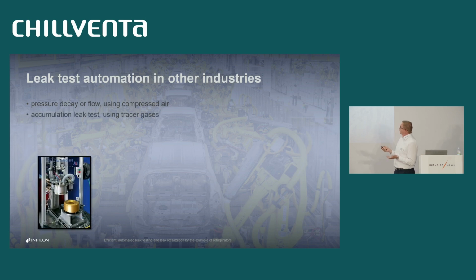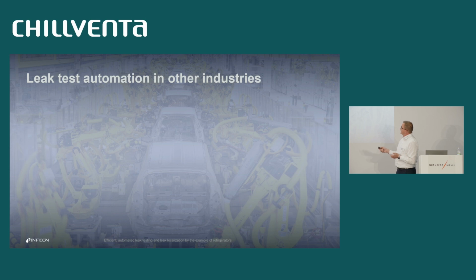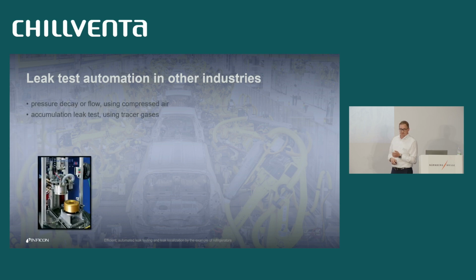And then you have so-called tracer gas methods. So you fill your test subject with a tracer gas. Helium, for example, is a well-known common tracer gas. You put it into a chamber and you collect the escaping tracer gas in this chamber. And if you do this in an atmospheric test chamber, it's the so-called accumulation test.